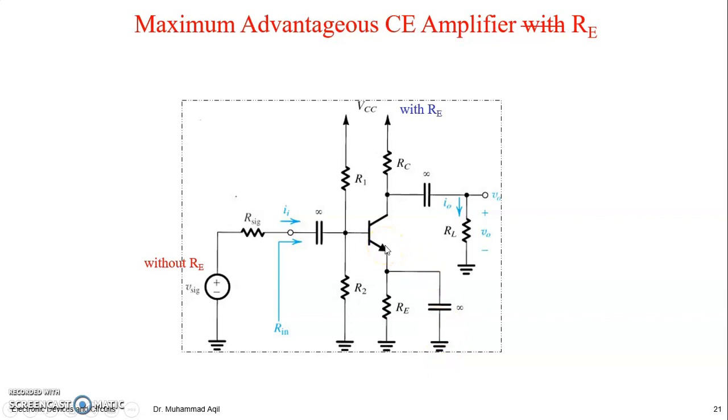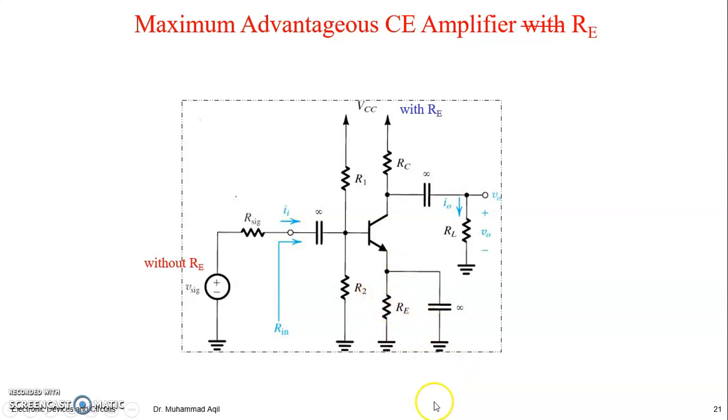So current will try to go through this path, not through a resistance. Because this capacitor is short circuited for AC signals, only the AC signal will go from here. So the AC equivalent circuit of this amplifier will not have RE.